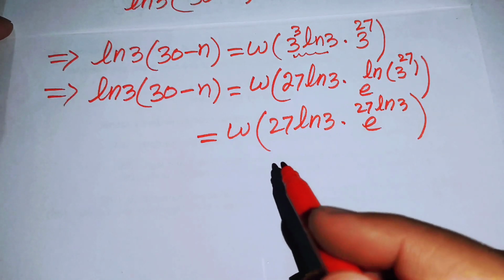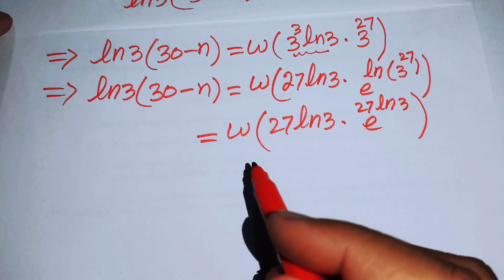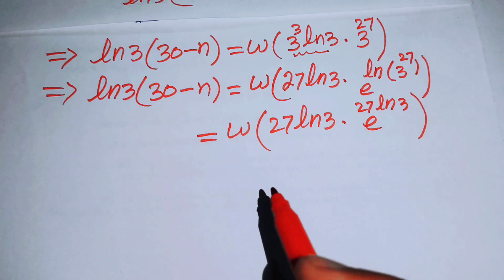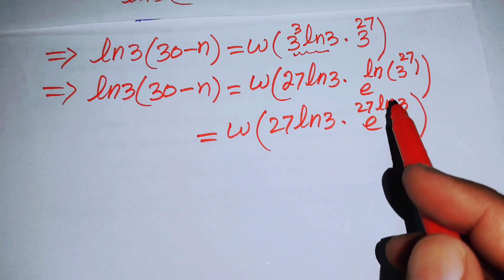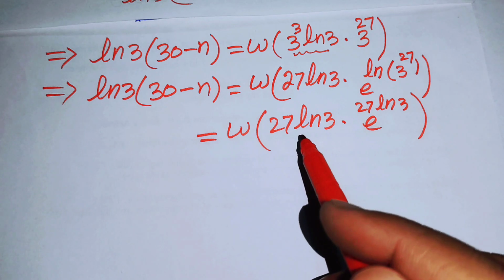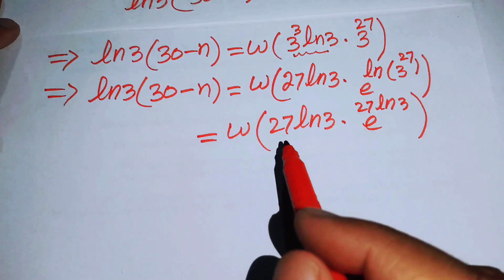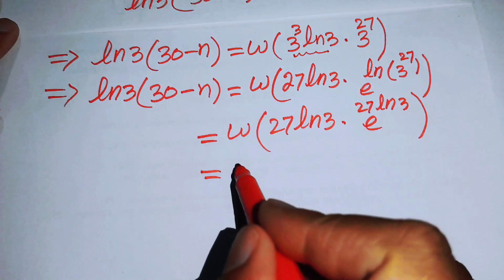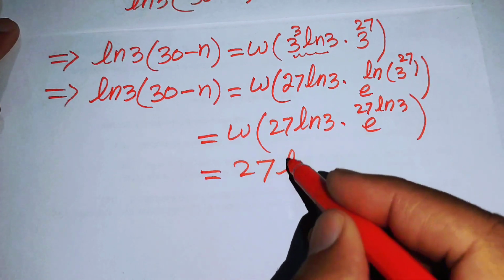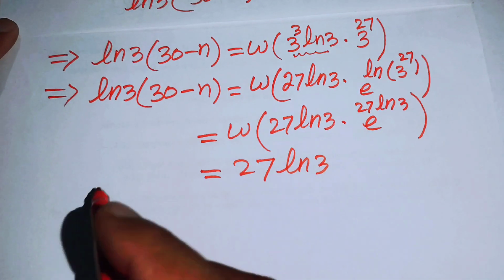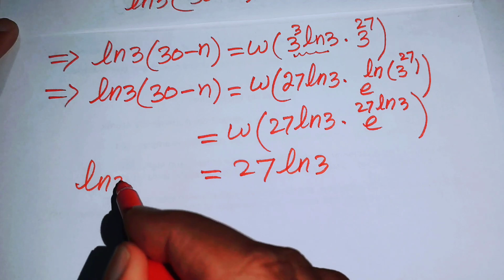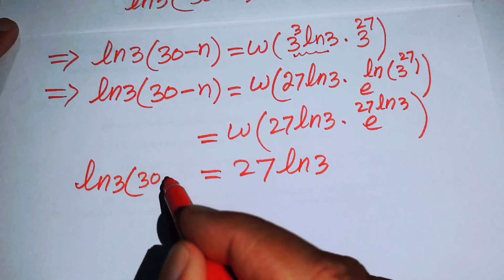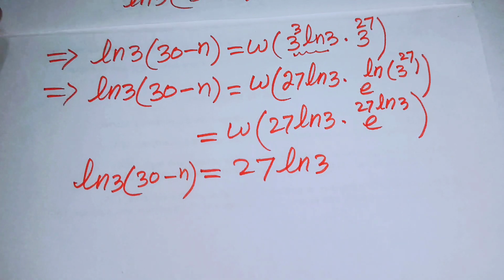And here again you see that we will make our function in the Lambert W function form. So here we have the exponent of e multiplied by this, so that its output becomes 27 times log 3, and its left hand side is log 3 times (30 minus n).